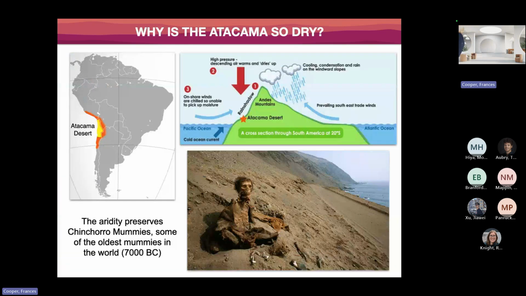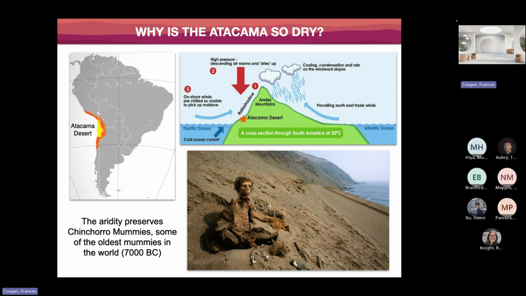So why is the Atacama Desert so dry? There are a variety of reasons, and the interplay between them is still not fully understood. It's partly because the latitude of the Atacama coincides with a region of high pressure, where we have big convection cells in the upper atmosphere, and we get downwelling warm air just around the latitude of the Atacama, which basically generates high pressure conditions.